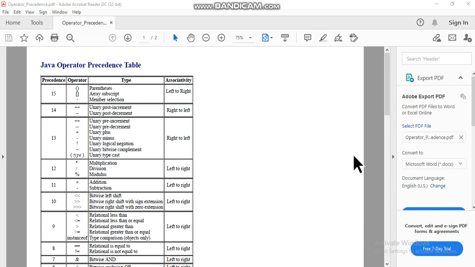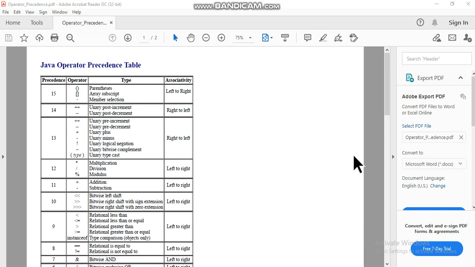Now we have the increment and decrement operators. In that we have post-increment, pre-increment, unary plus, unary minus, and unary logical negation. We might be using them in a lot of conditional operations, as we may increment, pre-increment, or post-increment as per our needs.